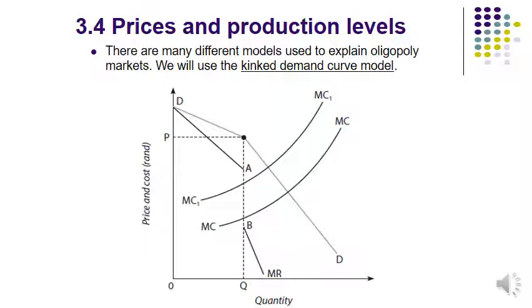So the main feature of this kinked demand curve is that it has a more elastic part at higher prices and less elastic demand at lower prices. It just means that at prices above P, customers are more sensitive to changes in prices, whereas at prices below P, customers are less sensitive. So your equilibrium price and quantity will always be at the kink.